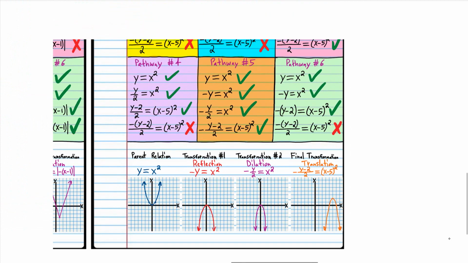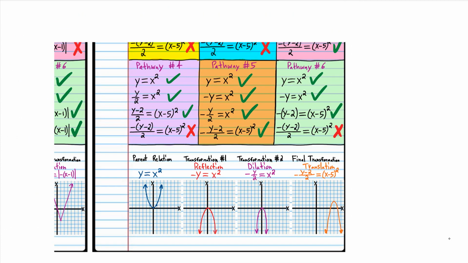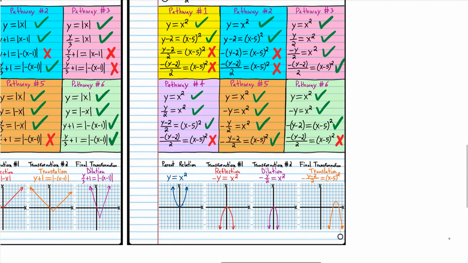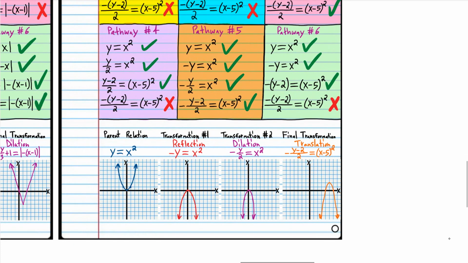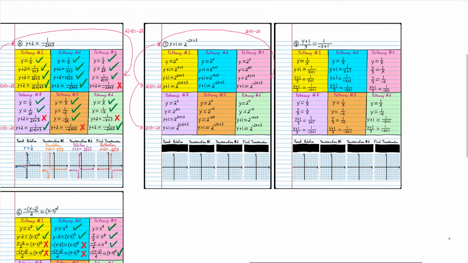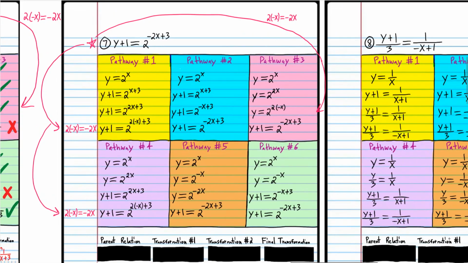So if you got that one right, excellent. If you made a mistake, that's okay. Now, I used pathway number 5. You may have used pathway number 3, but you should get the same graph. Okay, so we have 2 more of these problems, and then we'll be done for the day.